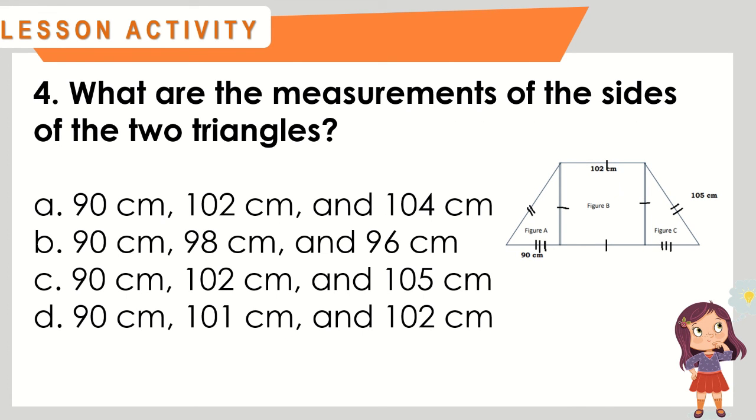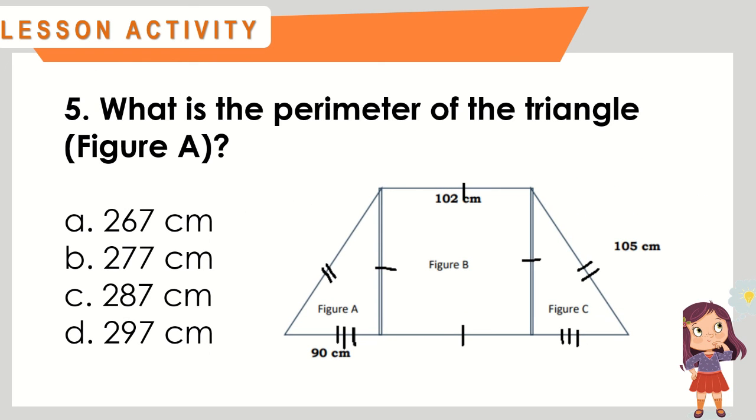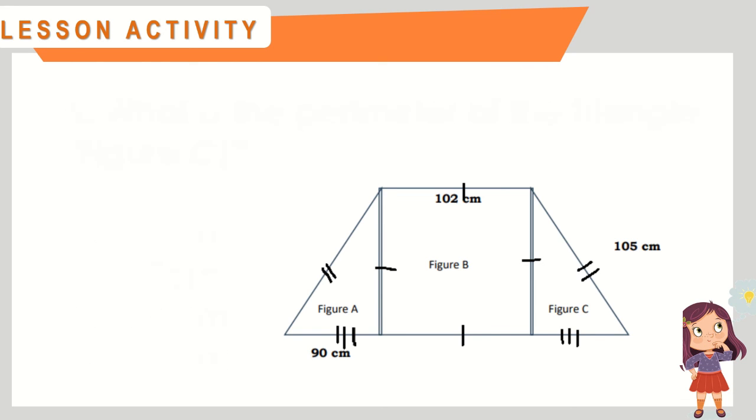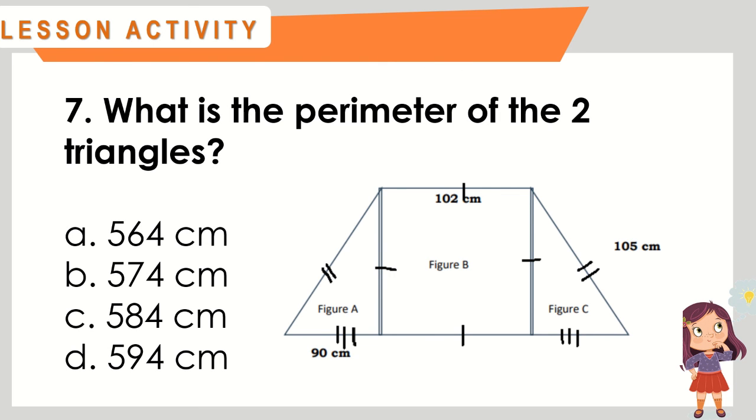What are the measurements of the sides of the two triangles? What is the perimeter of the triangle? Figure C. What is the perimeter of the two triangles?